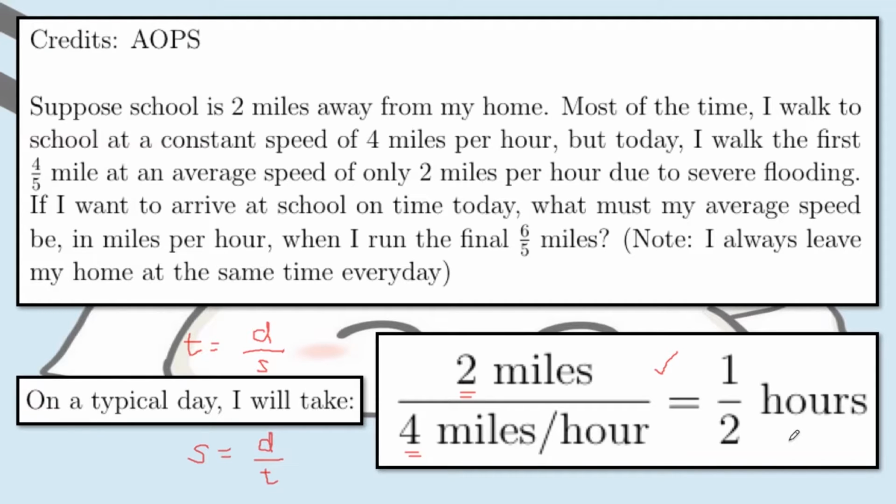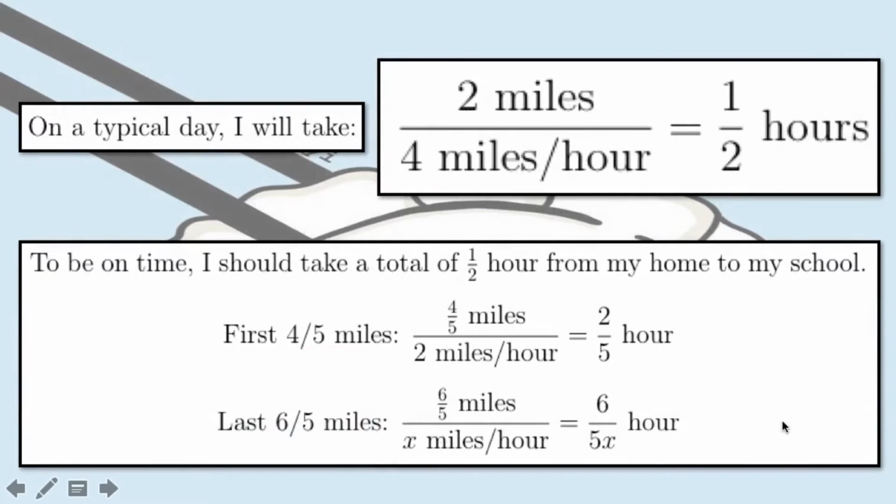But today there is a different scenario, because for the first 4/5 of a mile and the last 6/5 of a mile, I take different speeds. To be on time, I should take a total of 1/2 hour from my home to school, since this is the amount of time I take on a typical day.